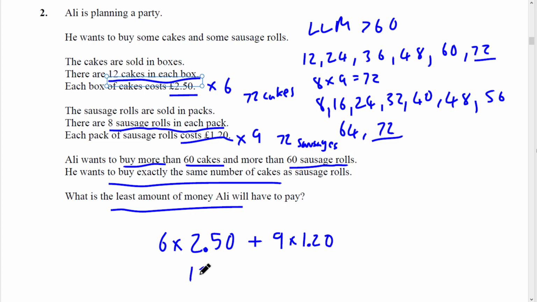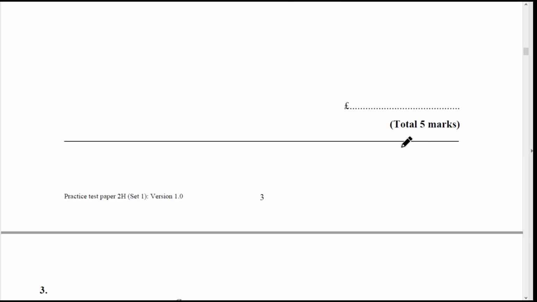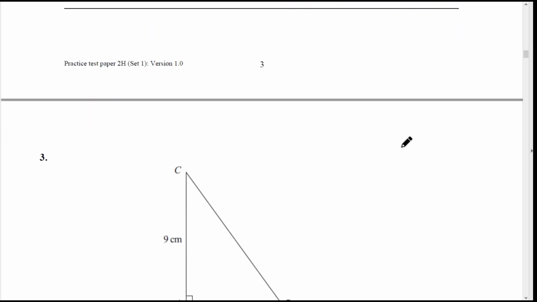So that's going to be £15 add £10.80. So combined that is £25.80. And that's your answer completed. Now that's quite a nice straightforward 5 marks, so lots of method marks to be earned there.